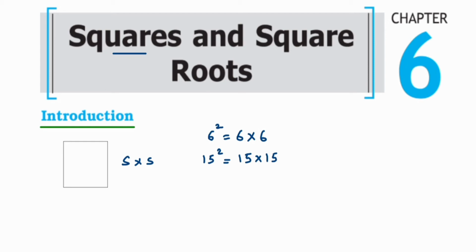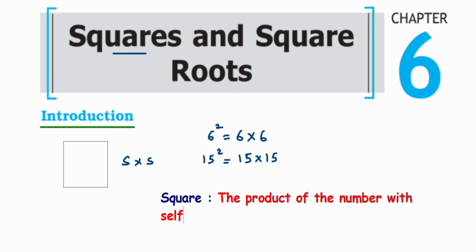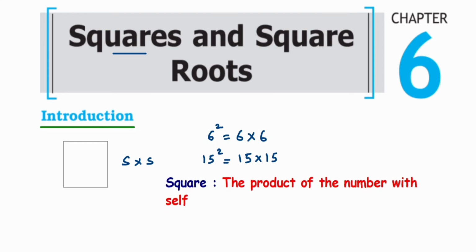So from here we can conclude that square is nothing but the product of a number with itself. Just multiply and get the answer. That's it. And that is a square. So I hope it's clear. The square is a shape which we talk about in geometry, and the square we're talking about in this chapter is when you multiply the given number with itself, and that is nothing but square.